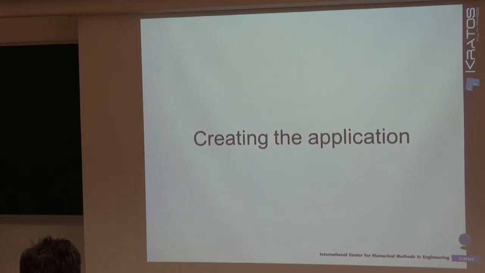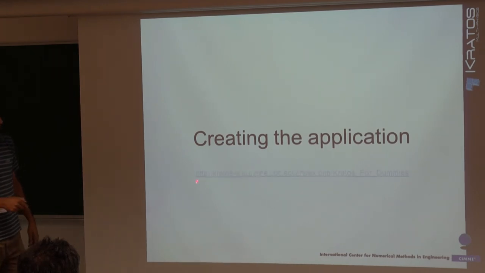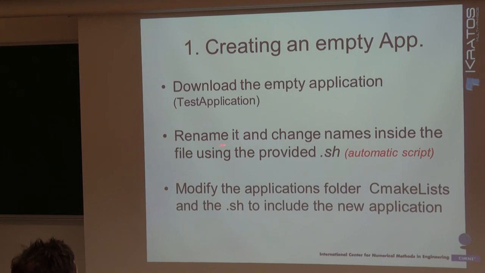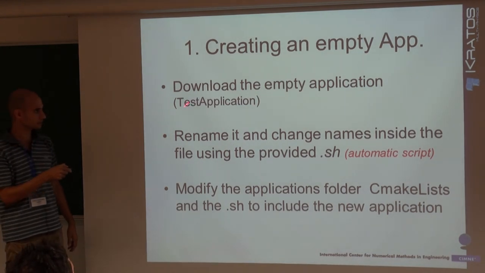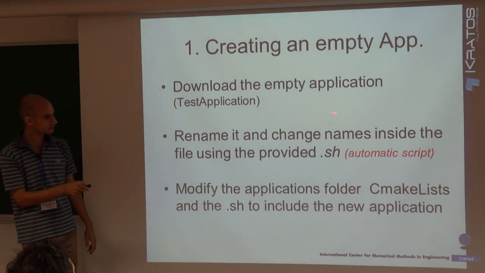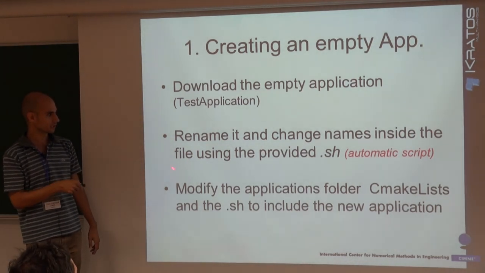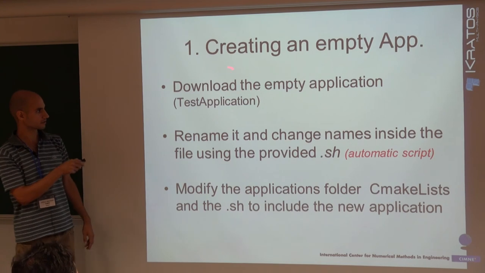Okay, so how do we create a new application if we want to create a new one and there's nothing similar to what we want to do? Okay, we can go to this tutorial page that is in the wiki of the Kratos and follow the steps. But basically, it consists of downloading an empty application that is called test application, and then we rename it using a script file that is provided in the same folder.